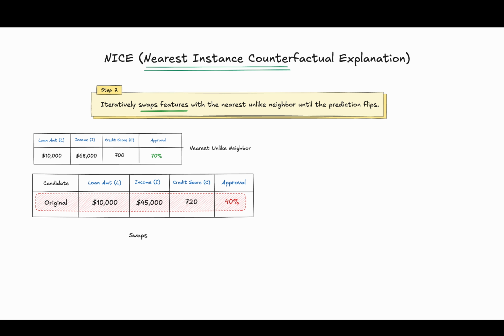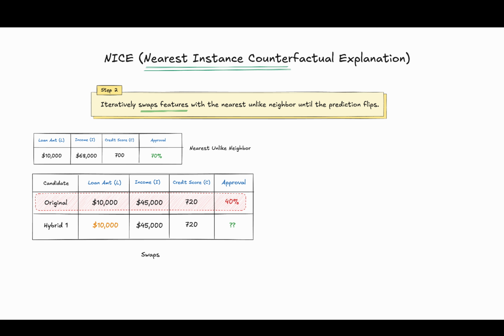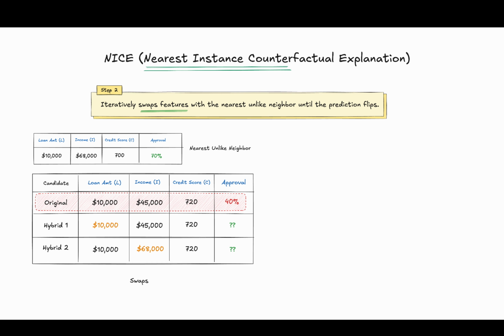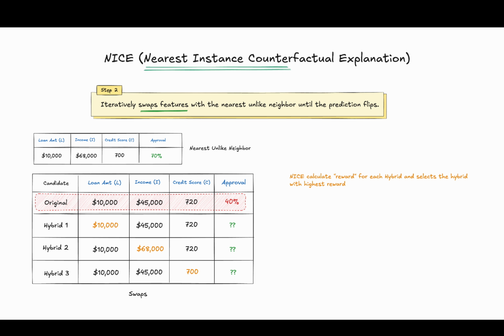So hybrid 1, we keep the income and credit score from the original, but take the neighbor's loan of 10,000. In hybrid 2, we keep the loan amount and credit score the same, but take the neighbor's income of 68,000. And similarly for hybrid 3, we keep loan and income the same and swap the credit score.